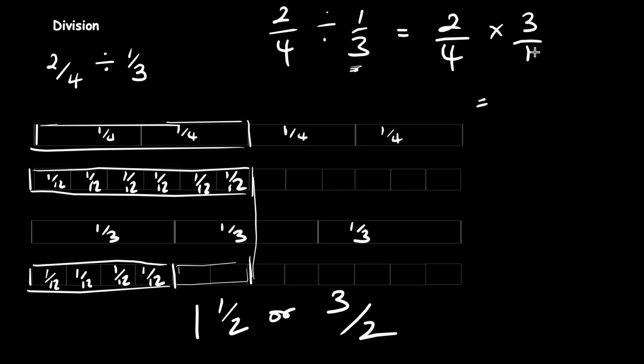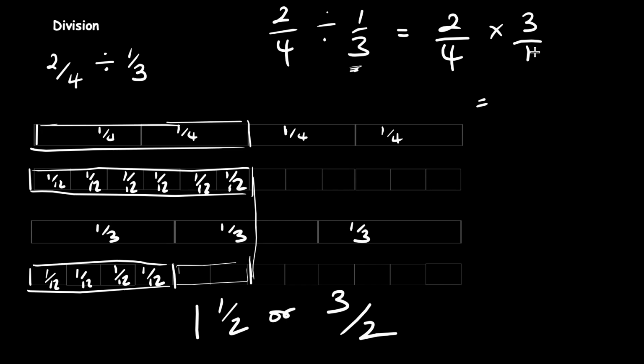So for every whole that you have, you're going to multiply by 3, because that's the number of thirds per single unit.